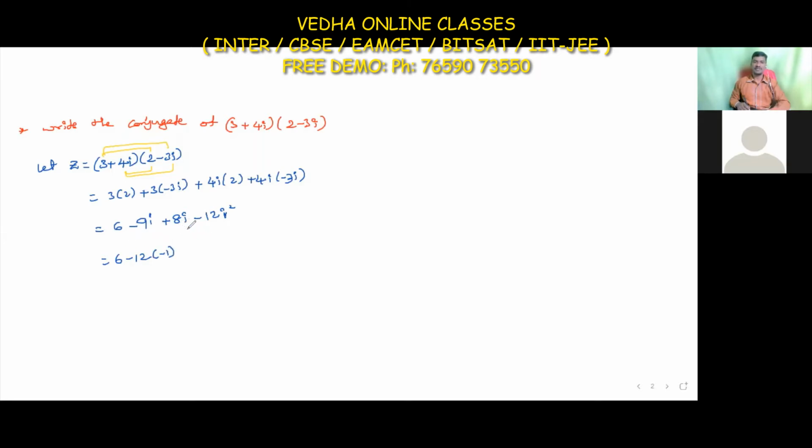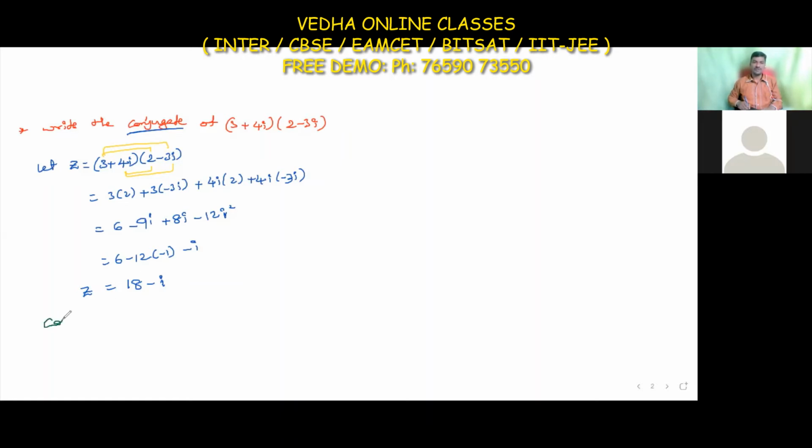Minus 9i plus 8i is minus i. So minus 12 into minus 1 is plus 12, 6 plus 12 is 18, so 18 minus i. If you want to write it in the a plus ib form you can, but here it is not compulsory. What is compulsory is that he is asking to write the conjugate.